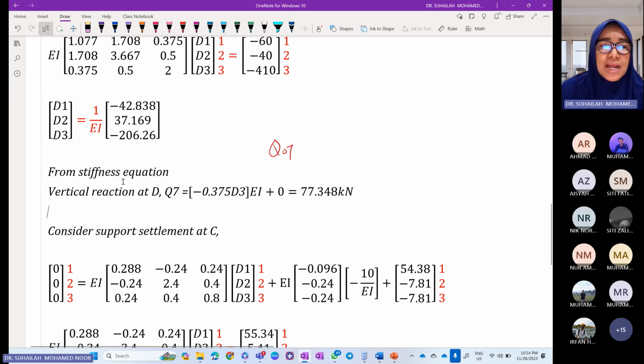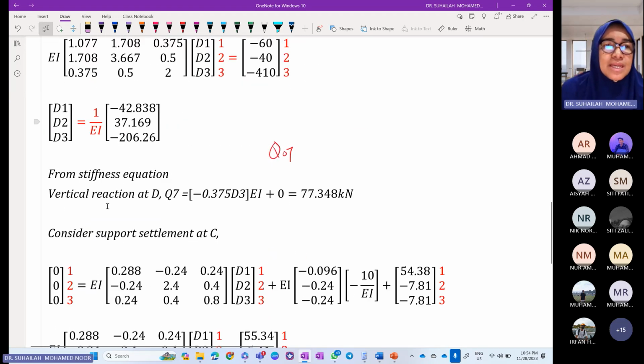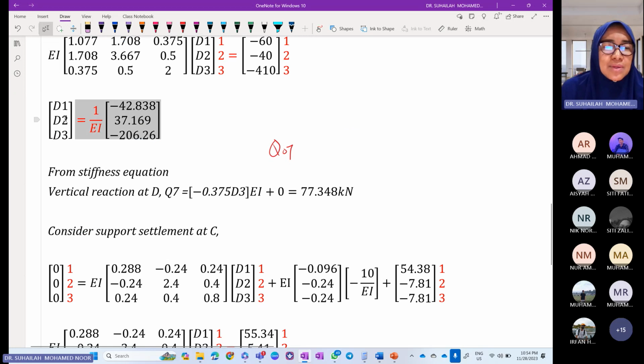Okay. So yang ni without settlement. Maksudnya D ni kita we get from without settlement. And then from stiffness equation we get vertical reaction ni without considering settlement. What if we have to consider settlement at C?